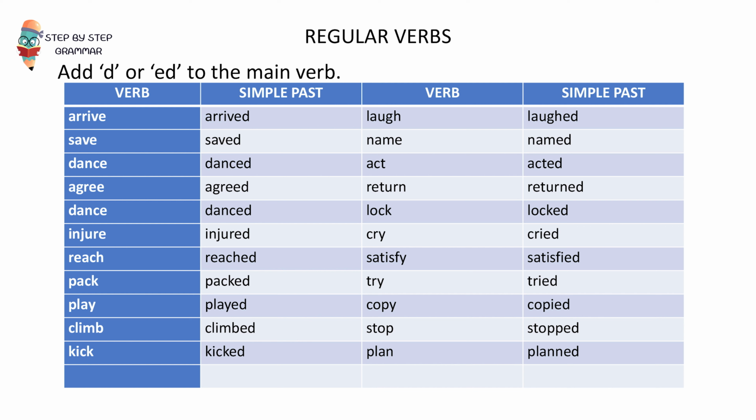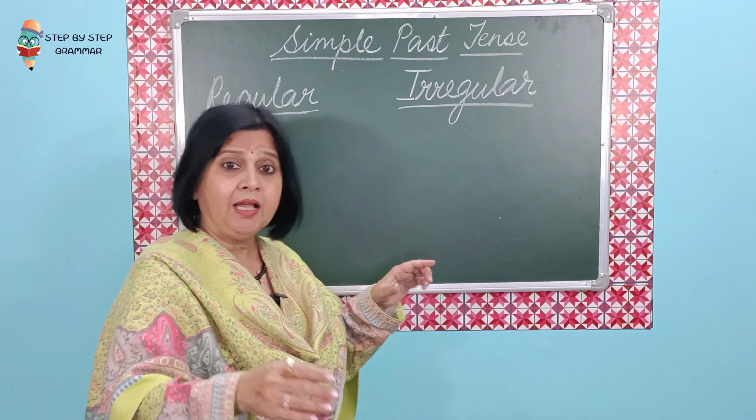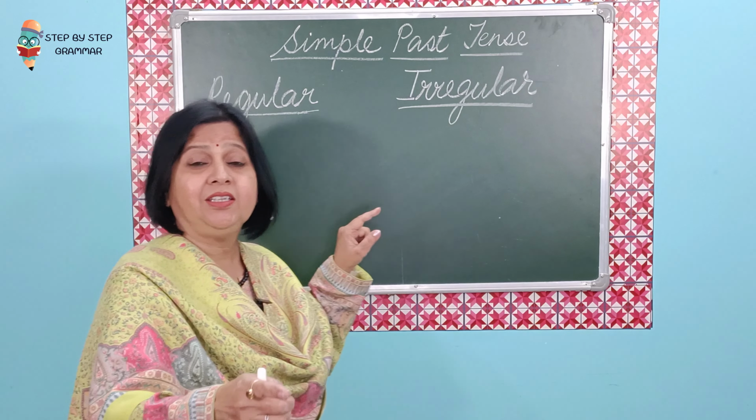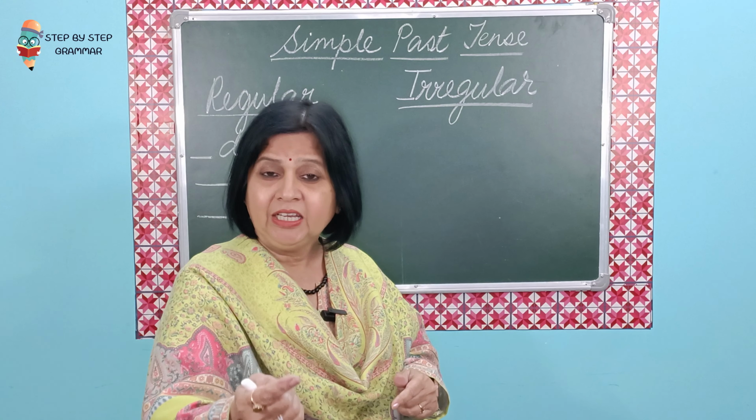For example, the very first word that you can see is arrive, ARRIVE. And what have we done? We've just added D to it. There are some examples of all. Dance, danced, injure, injured. Now, some we add ED. Reach, REACH. We just added ED.